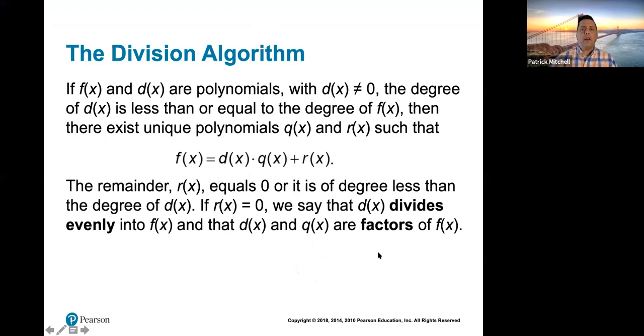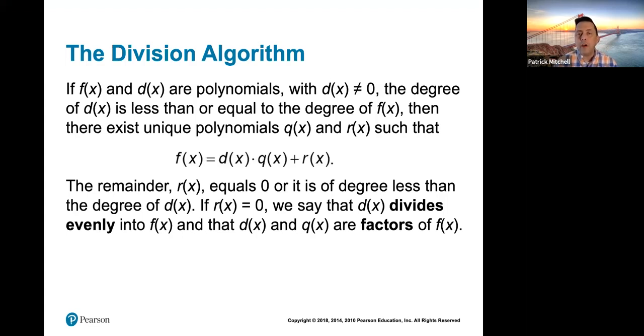Okay, so continuing with the division algorithm, the remainder r of x either equals 0 or it is of degree less than the degree of d of x. If r of x is equal to 0, then we say that d of x divides evenly into f of x, and that d of x and q of x are factors of f of x.